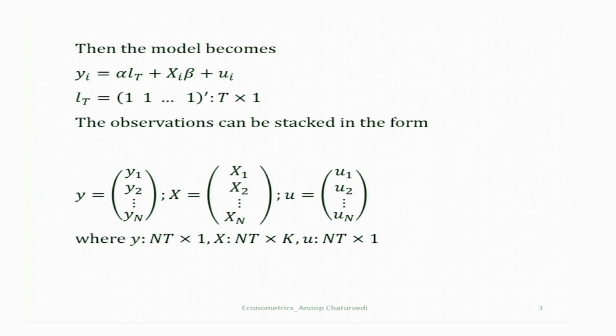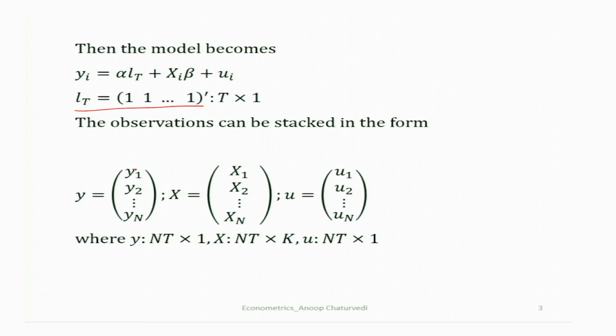Then we can write the model as y_i equal to alpha l_T plus X_i beta plus u_i. Here l_T is a T cross 1 vector with all elements equal to 1. Further, we can extract the observations in the form, say we write y equal to y_1, y_2, up to y_n. So, obviously, this y is an nT cross 1 vector.